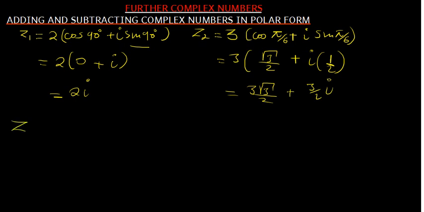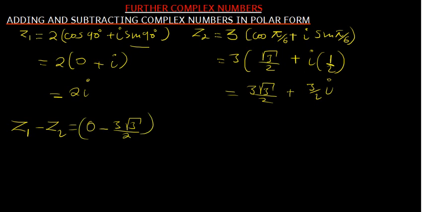Now to perform the operation z1 minus z2, we'll get the real part for z1. The real part is 0, in other words. That will be 0. We subtract the real part of z2 because we're saying z1 minus z2, so that will be minus 3 root 3 over 2.